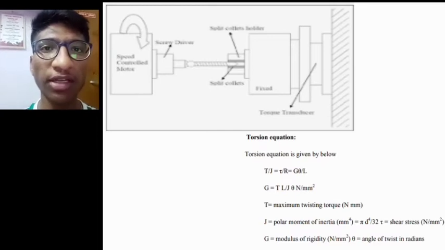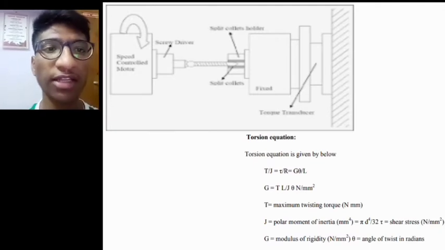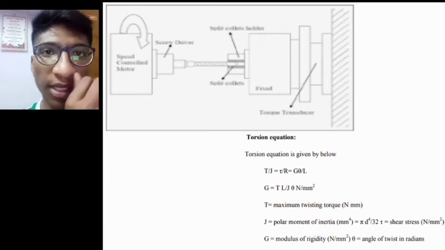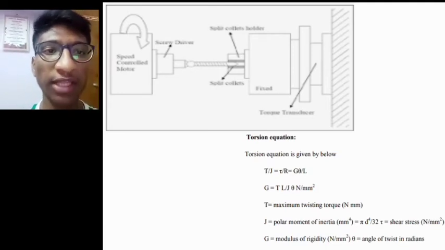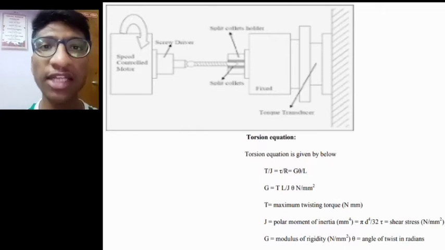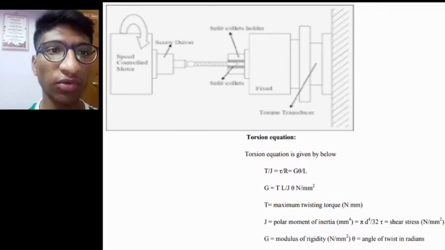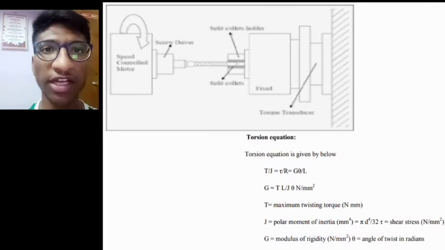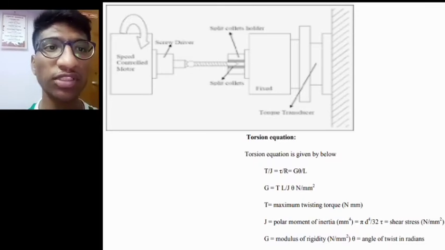About the three sections, we have to take the average diameter. With the diameter we calculate the polar moment of inertia, that is pi d power 4 by 32. Next, R is the radius, G is the finding factor, theta is the angle of twist, and L is the gauge length.